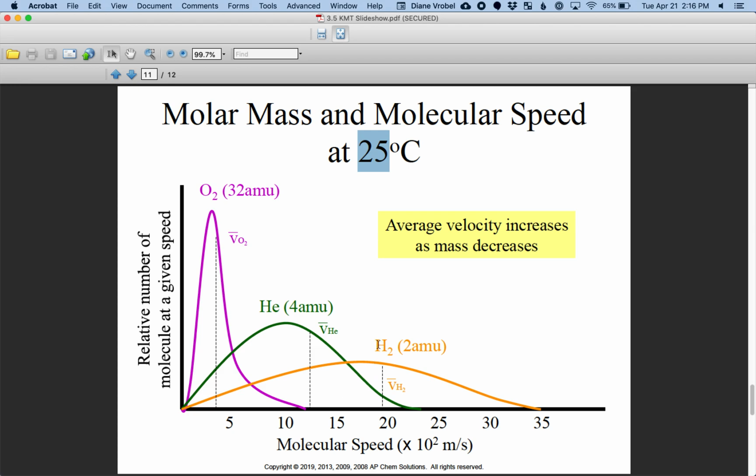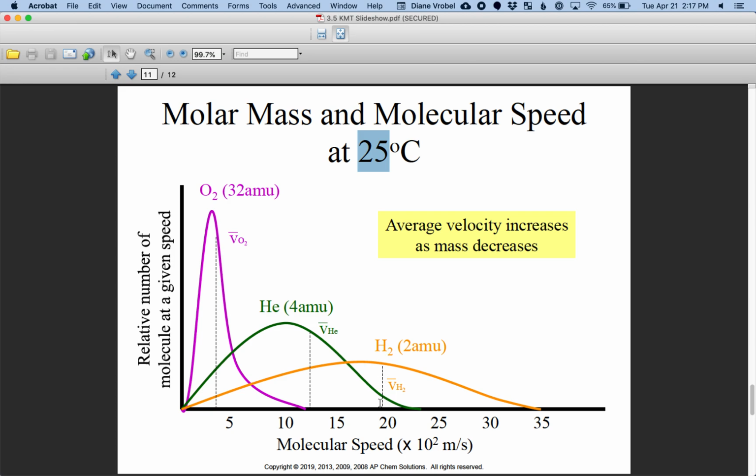Now lastly, hydrogen: we have the widest range of speeds for that gas. Obviously we don't have a sharp number at a specific speed. It's kind of spread out over a large range. So we have some small percentages that are under 500 meters per second.